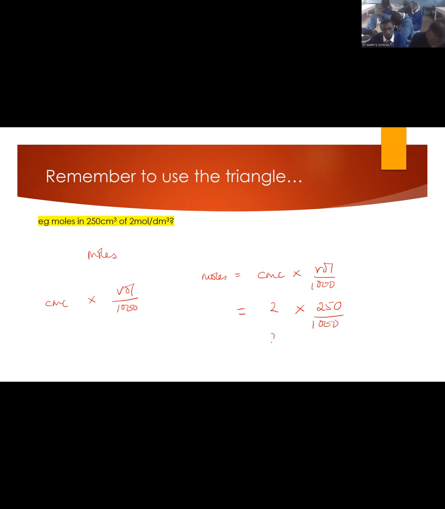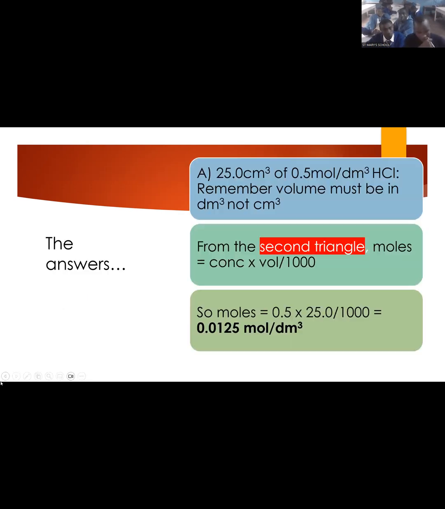In other words, 2 times 0.25, which is 0.5. That is how we do it, okay? Remember the triangle, and then remember this bit here. That is very important, okay? So here are the answers.